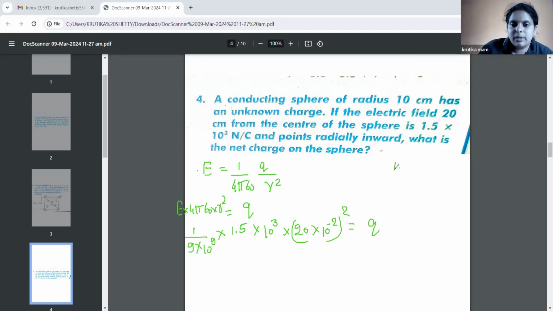So you can also write it like this, that is 15 into 20 square is 400 into 10 raised to 3 minus 4, 10 raised to minus 9, and this is divided by 9. Okay, you can do this one.